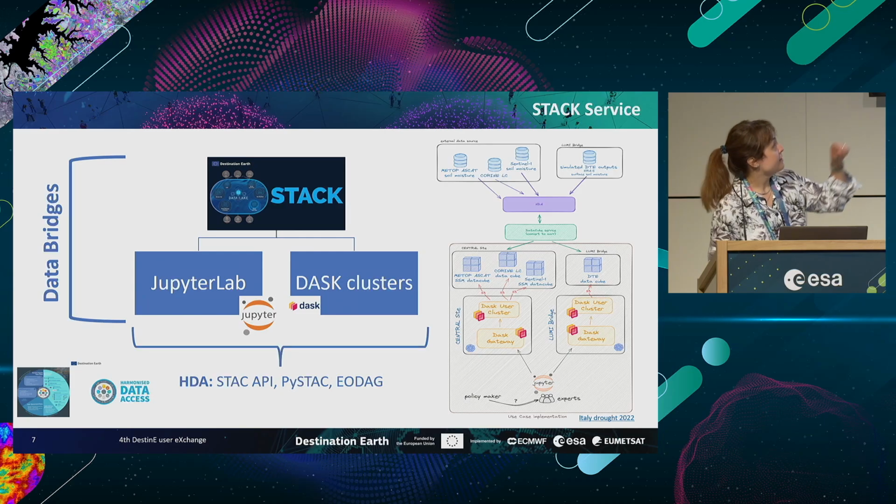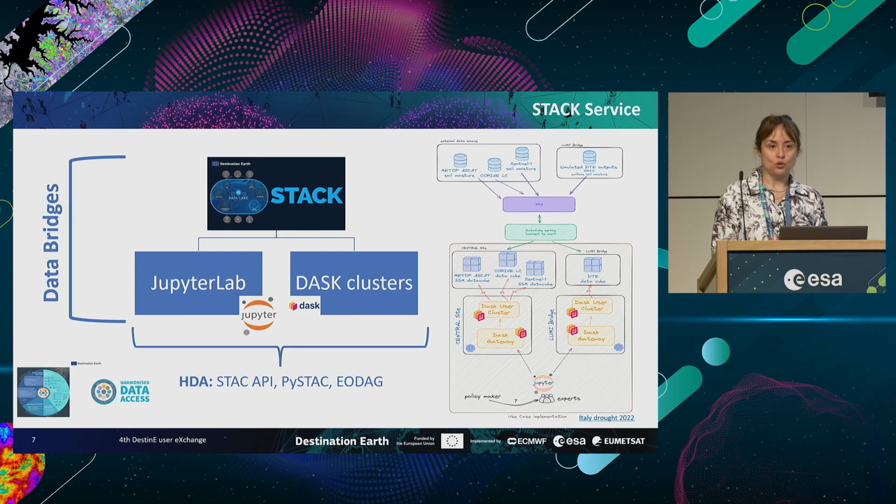You can see on the left-hand side a diagram of a use case that was executed, and the link at the bottom. It was a use case showcasing the Italy drought in 2022. It's important to say that we have the Jupyter Enterprise Gateway and Dask clusters available on all of the DDL sites, so on all of the data bridges as well as the central location.